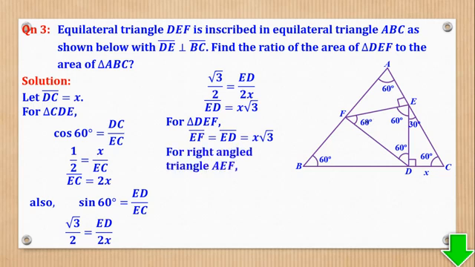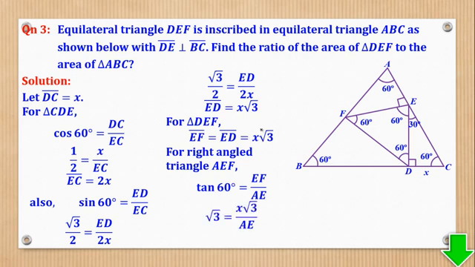Then for the right angled triangle AEF, tan 60 is equal to opposite over adjacent. Tan 60 is here, meaning the opposite is here, and adjacent is this. So opposite is FE, adjacent is AE. And I know FE.